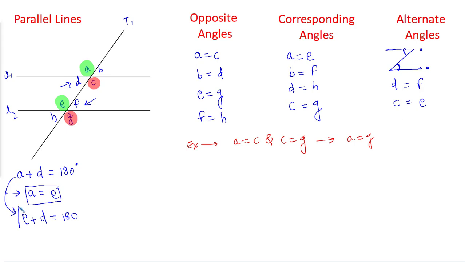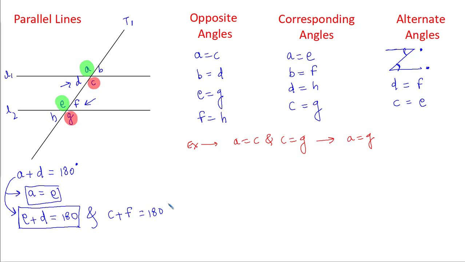So angle E plus angle D is equal to 180 degrees. Similarly, on the other hand side, angle C plus angle F. On the left hand side angle D plus angle E is equal to 180 degrees, and on the right hand side angle C plus angle F is going to be how much?